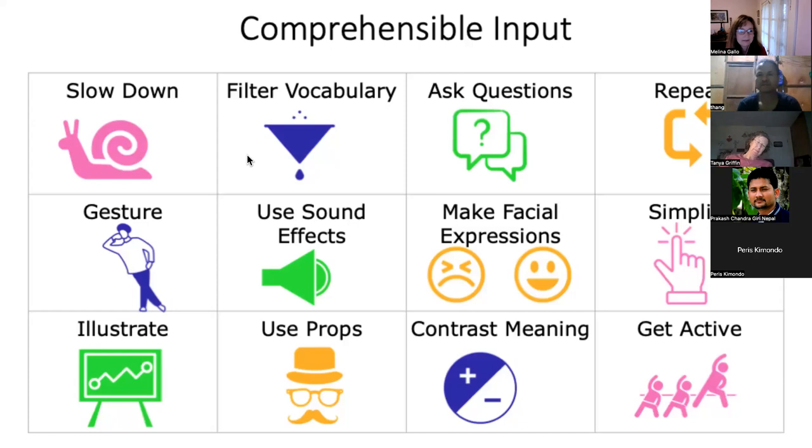And even better is using props if you have them. We recommend, before you teach your lesson, take a look in the teacher's notes. It'll give you some suggestions of items you can bring in.